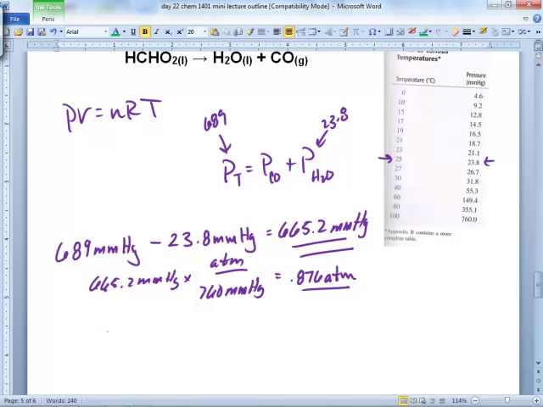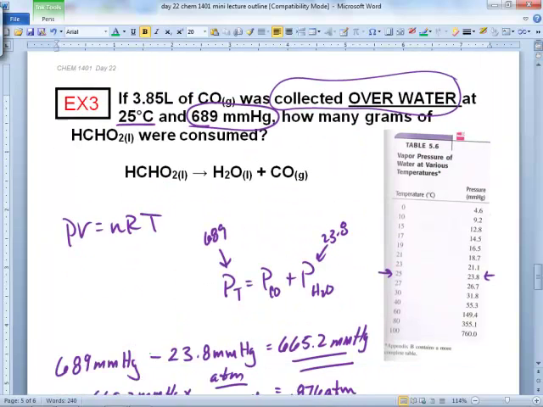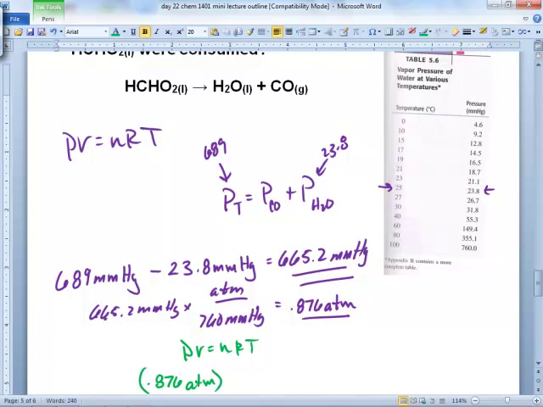So our P, well, you can show it. PV equals nRT. My P has to be 0.876 atmospheres. My V, they said, is 3.85 liters. Nice, right? Don't have to do any converting there.